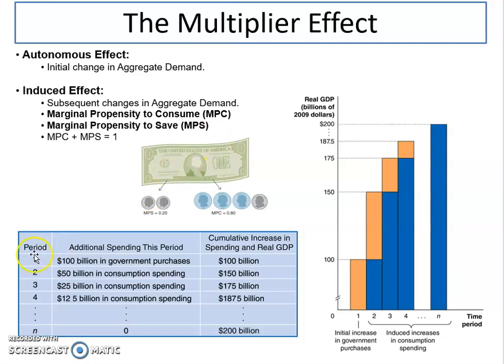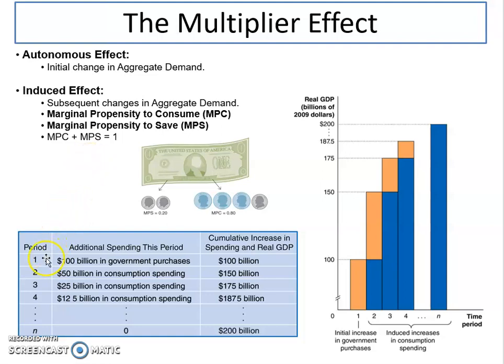In this illustration here and here, we're going to assume that the marginal propensity to consume is 0.5. So disregard these numbers here for this example. That means if the marginal propensity to consume is 0.5, then the marginal propensity to save must also be 0.5. In other words, for every dollar in income earned, people are going to spend half and they're going to save half.